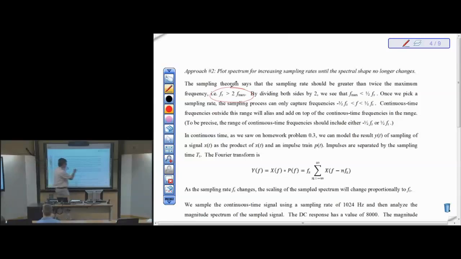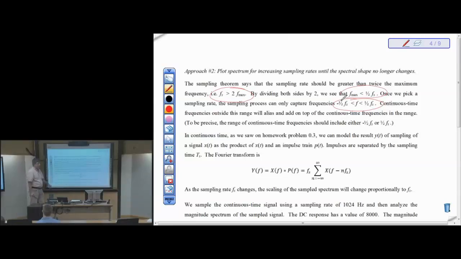So as I wrote earlier, you can divide both sides of this inequality by 2 and see that the maximum frequency captured through sampling is up to, but generally not including, half the sampling rate. So we generally capture this range of frequencies through sampling. And frequencies outside this range will alias. So that's observation 1.